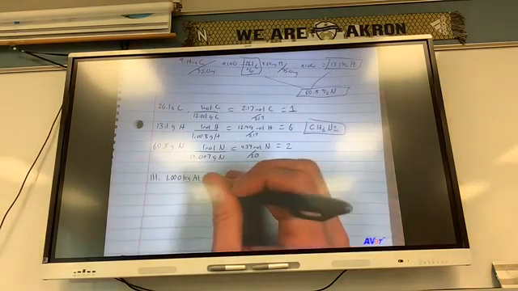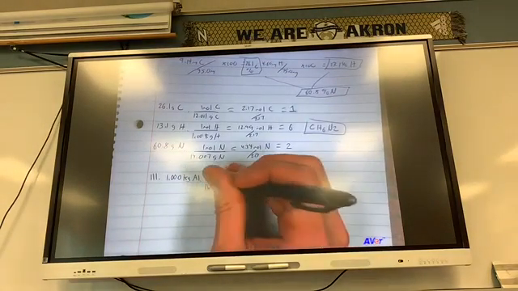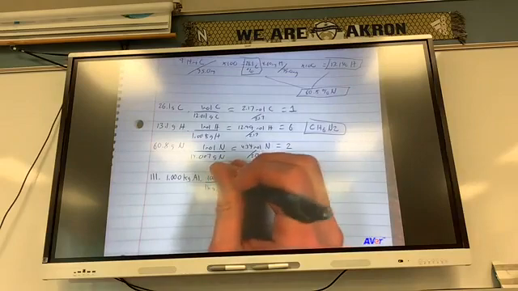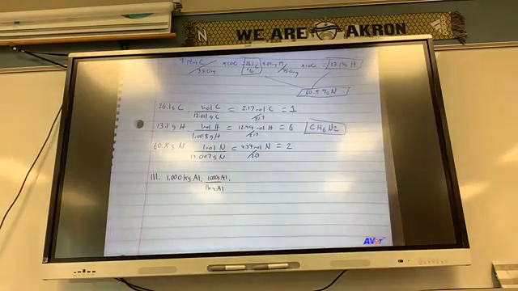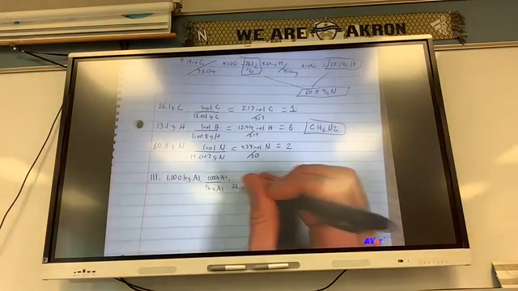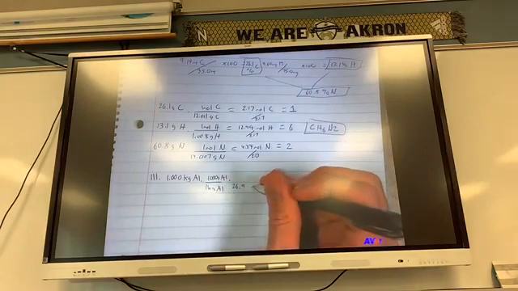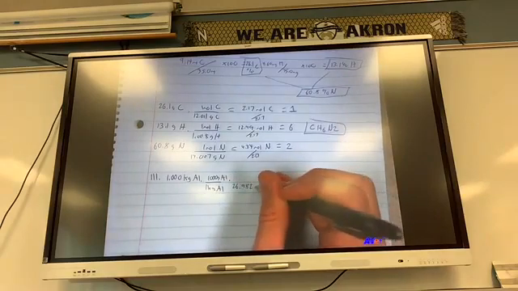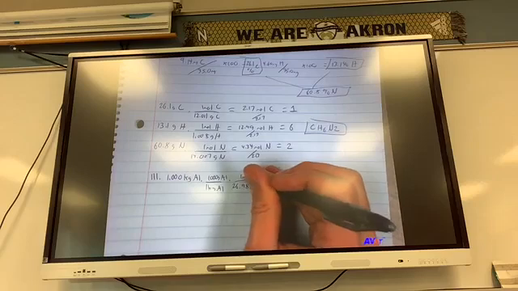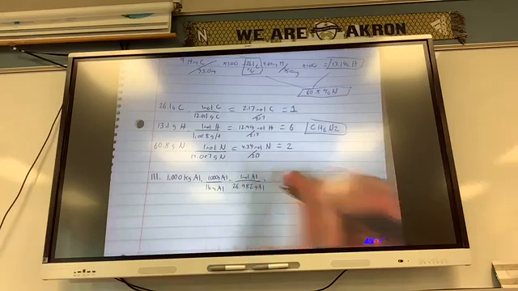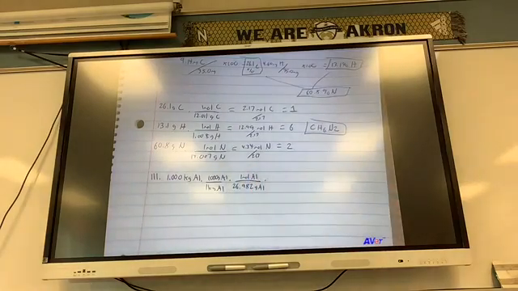And I know that 1 kilogram of Al has 1,000 grams of Al. Now I'm going to go to moles, because moles are always the goal. And I know that there is 26.982 grams of Al in 1 mole of Al. Now I'm going to Stoich step it.